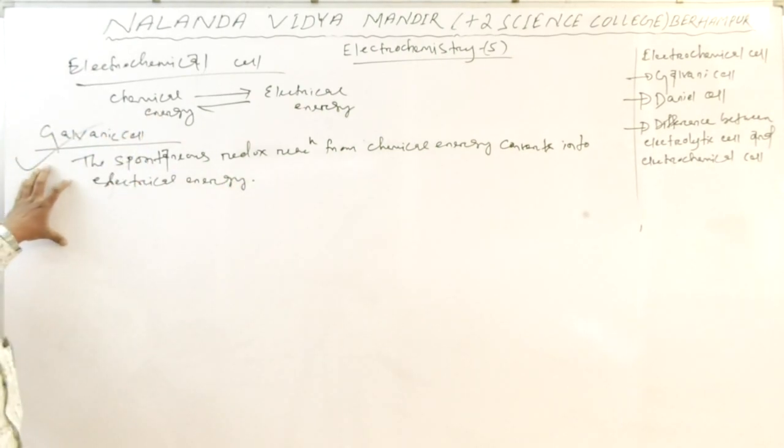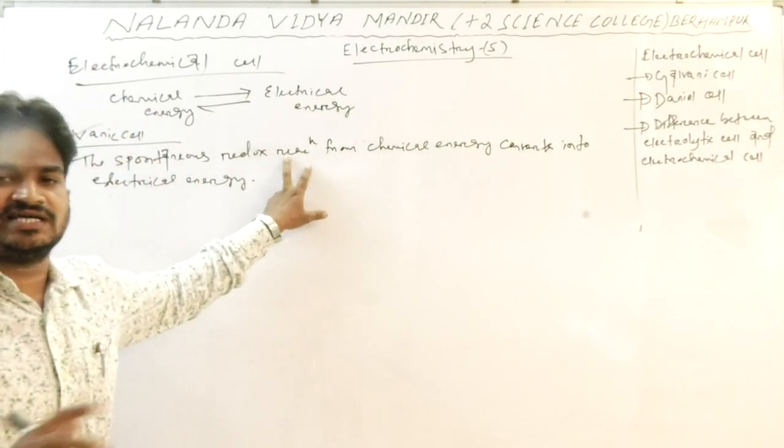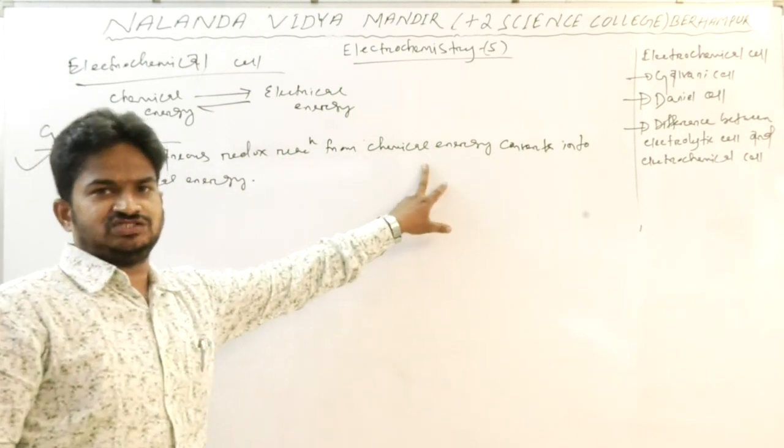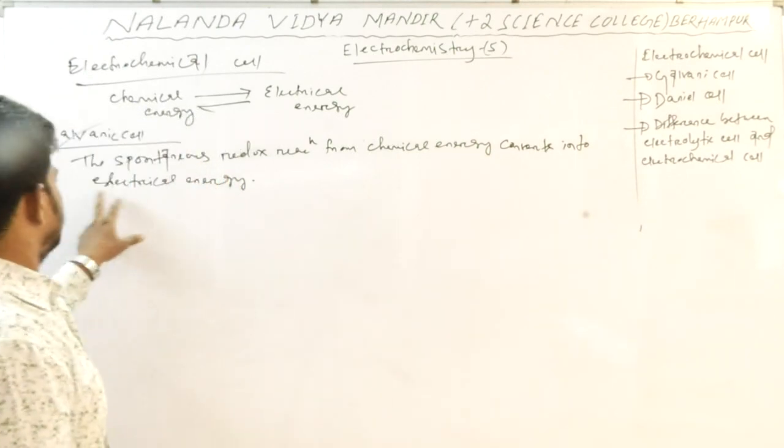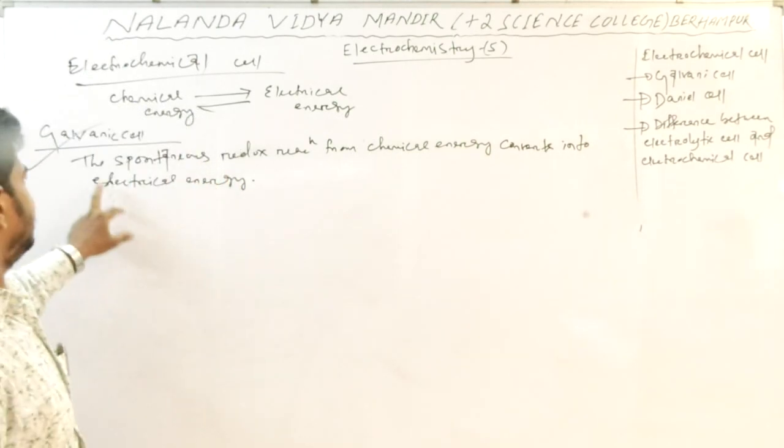So a galvanic cell means the spontaneous redox reaction produces chemical energy, and the cell converts it into electrical energy. That is a galvanic cell.